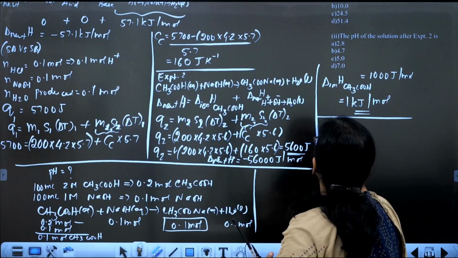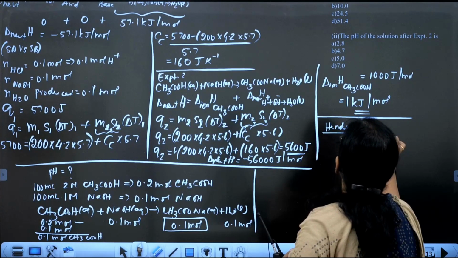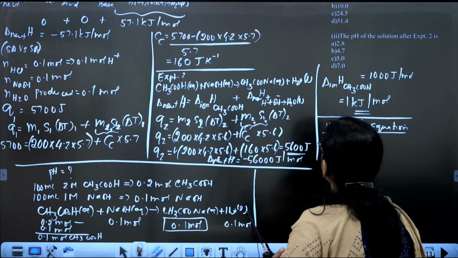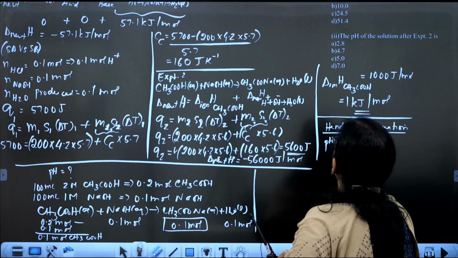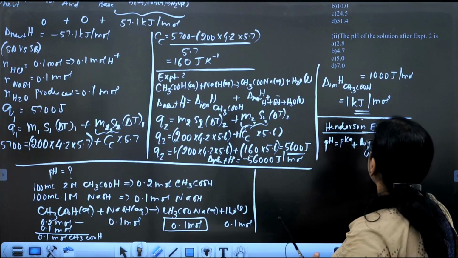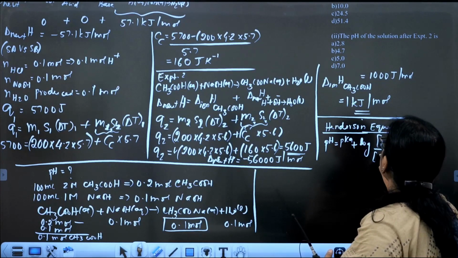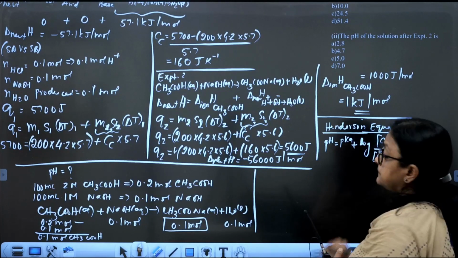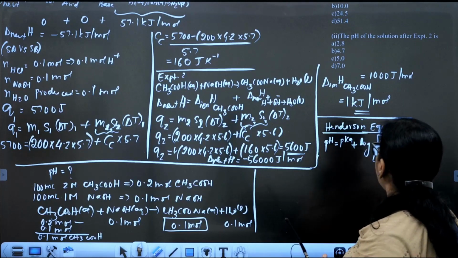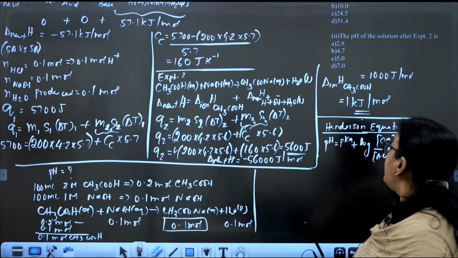By the Henderson equation, to find the pH of an acid buffer, pH is equal to pKa plus log concentration of conjugate base, or you also call it concentration of the salt, divided by concentration of acid. pH can be calculated using pKa plus log concentration of conjugate base, or concentration of salt, by concentration of acid.